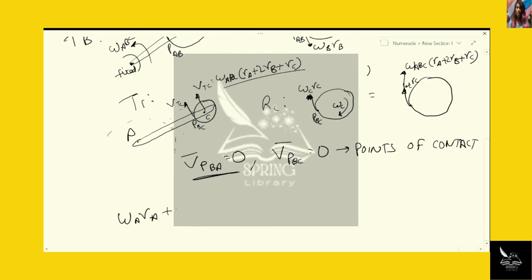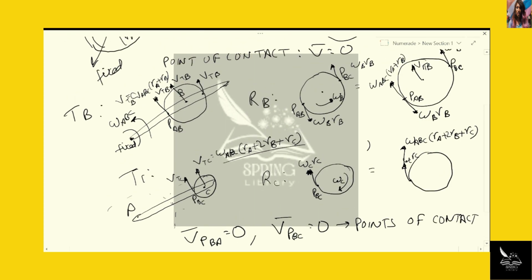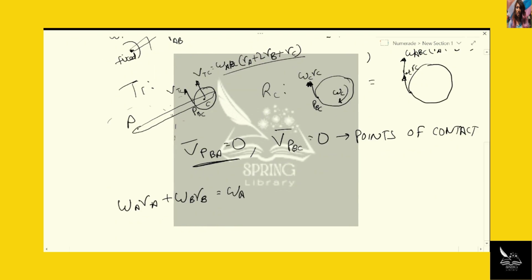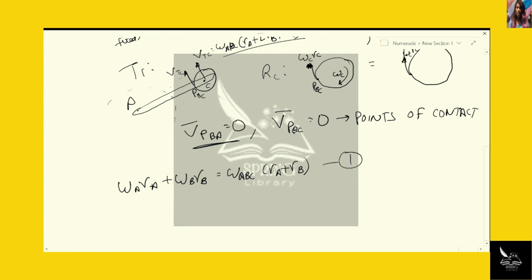So plus omega B RB, and then in the opposite direction, we have omega ABC RA plus RB. This is equation 1, setting V PBA equals 0.